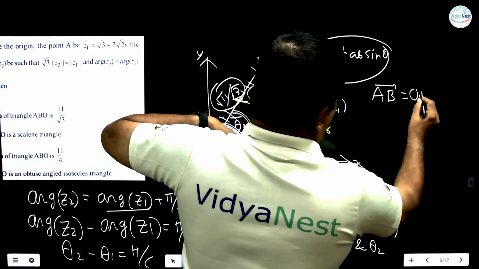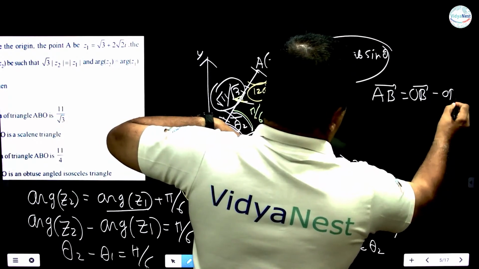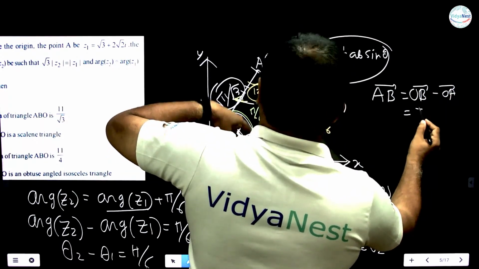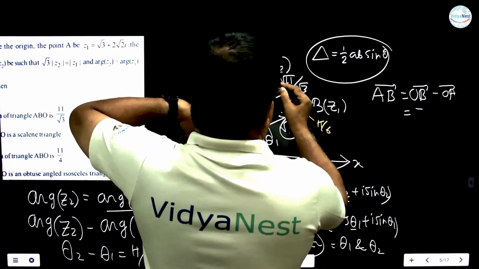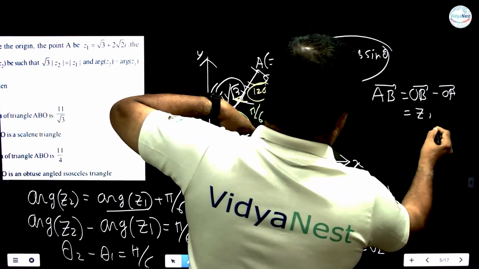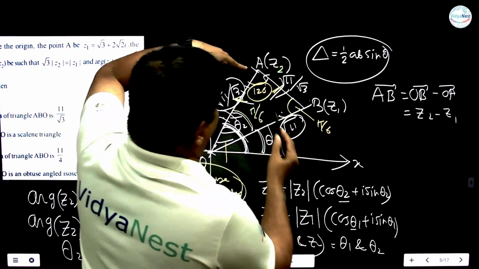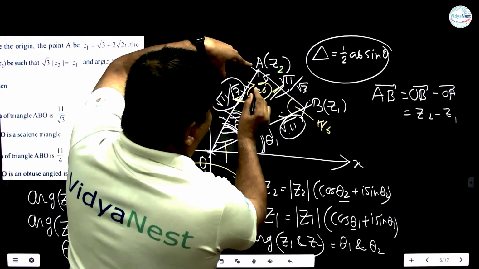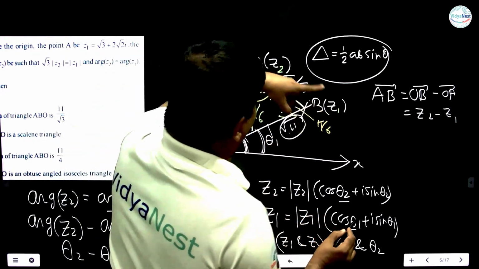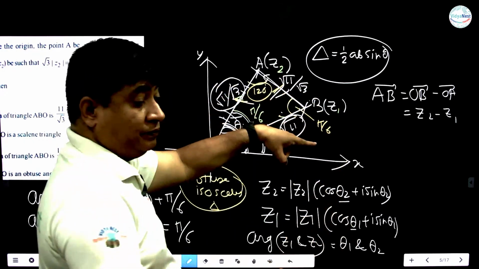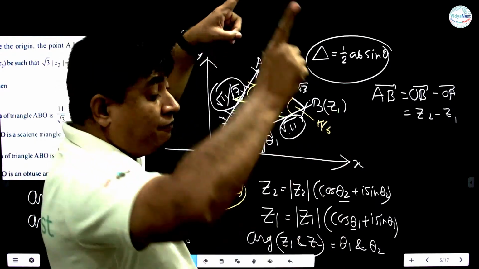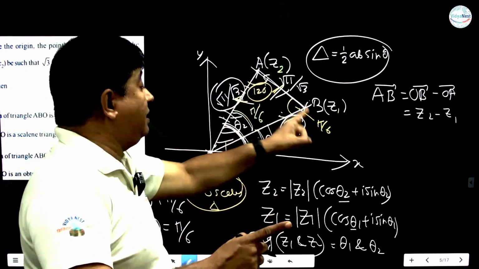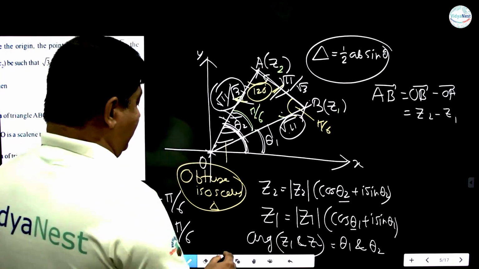OB minus OA, second minus first. So you can write BA, whatever it be, z2 minus z1 or z1 minus z2. If I subtract z1 from z2, I will get that line, and if I put it in mod, I will get the magnitude of that line. So three sides I will get.